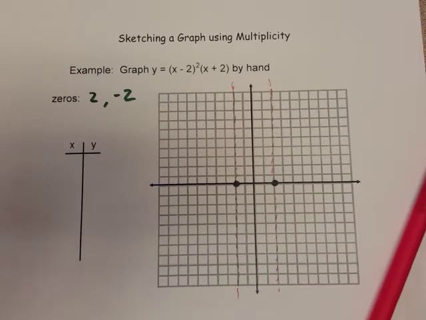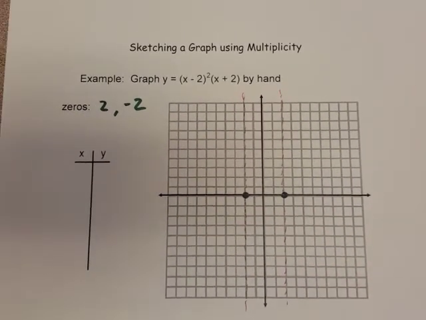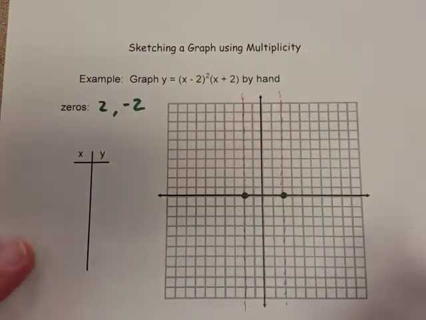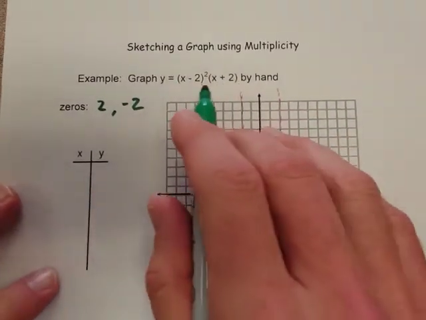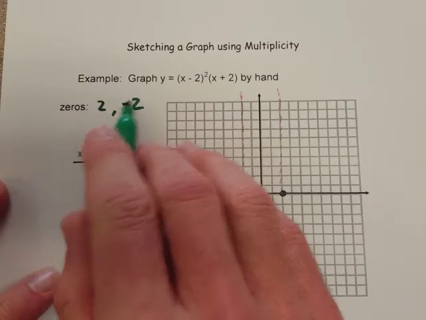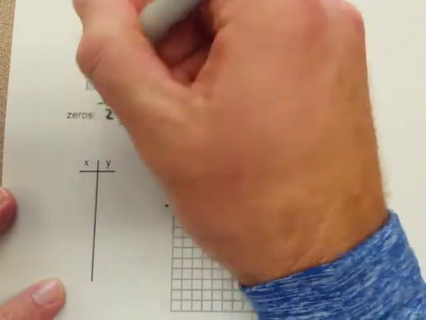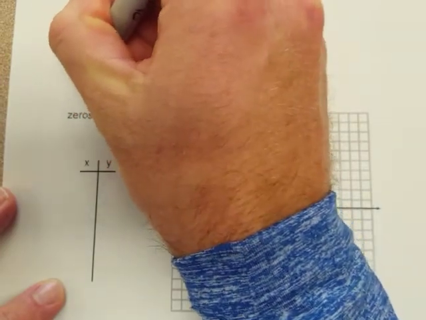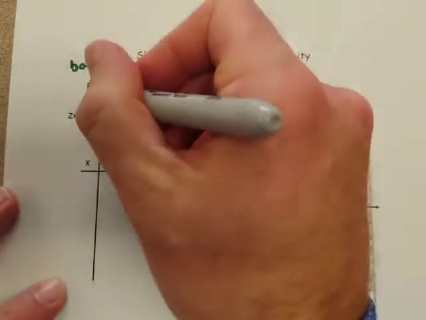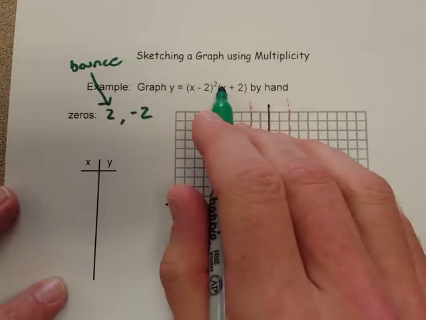To start with, I'll go back to the multiplicity thing and say, all right, if we have this 2 right here, that was an even multiplicity. So what we know about that one is that it is going to bounce because it's even multiplicity.